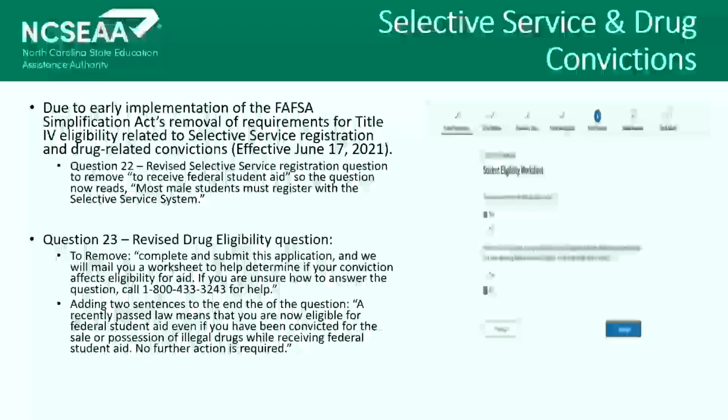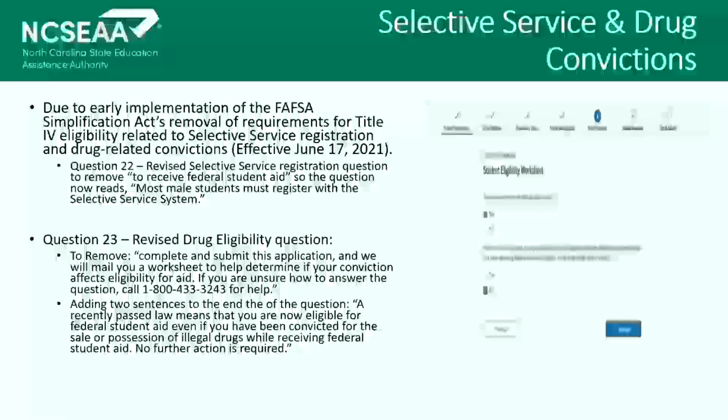I think the biggest change for this year are the 2 questions that have been changed on this screen: Selective Service and the drug conviction question on the financial aid application. In the past, in order to receive federal aid, most male students must register with Selective Service in order to be eligible to receive financial aid.